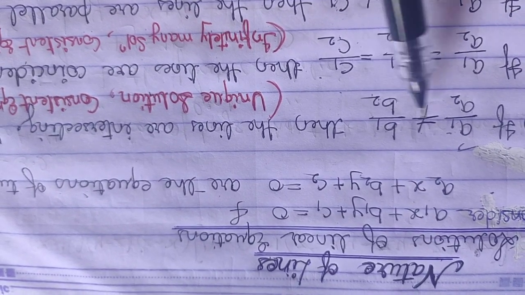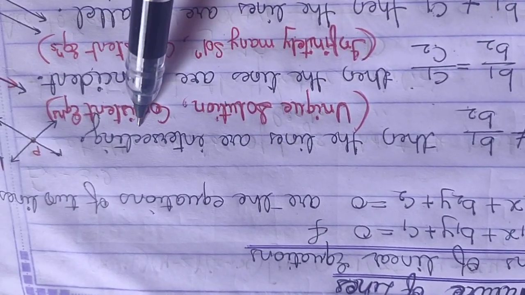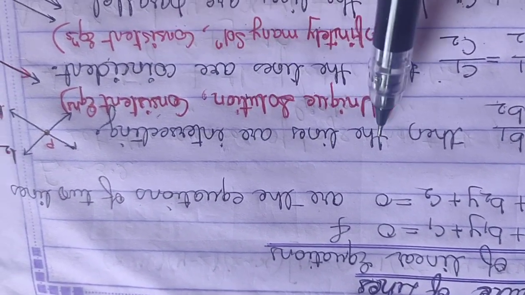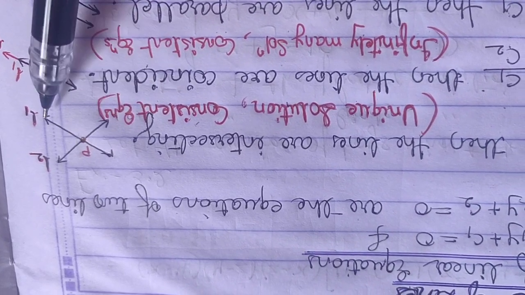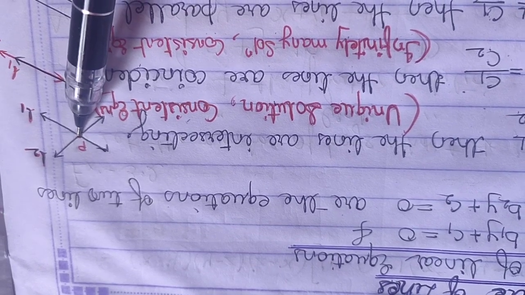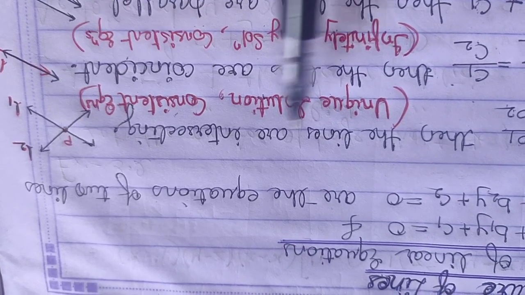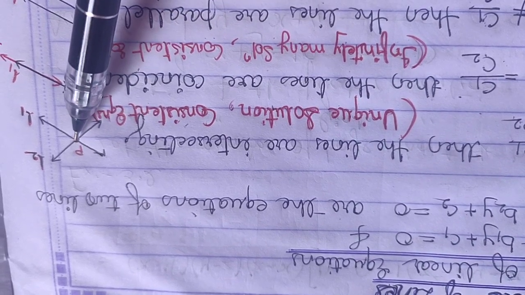If these two ratios are not equal, then the lines are intersecting lines. In this way, the lines intersect each other, and the point of intersection, this common point, is their solution. Hence we get a unique solution, one and only one point.